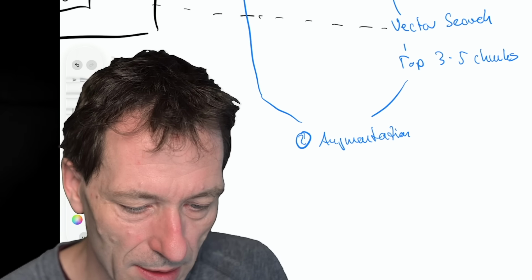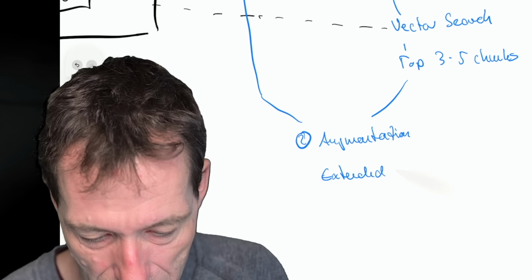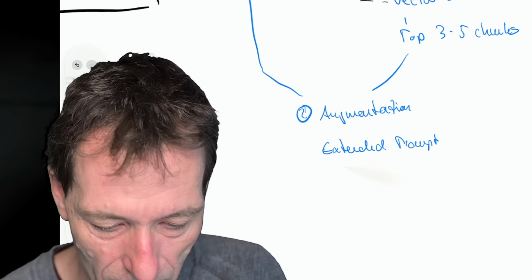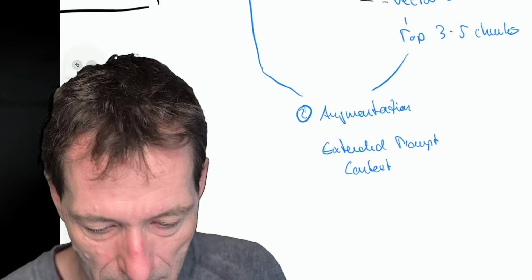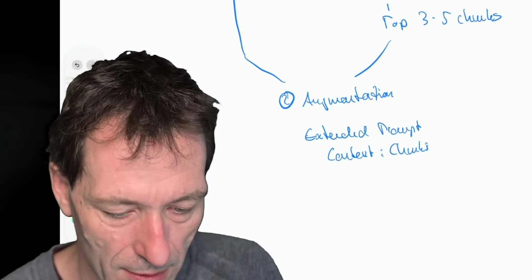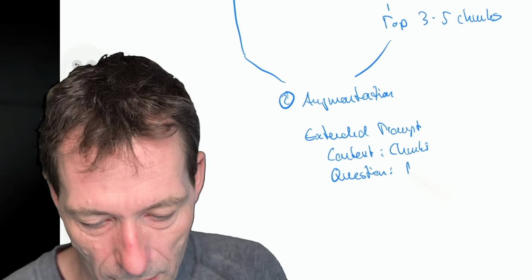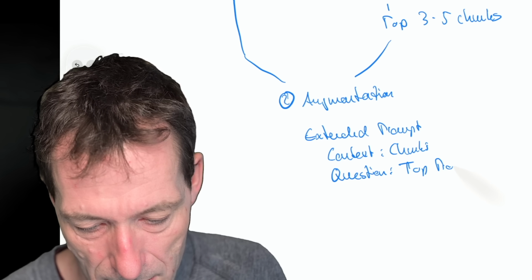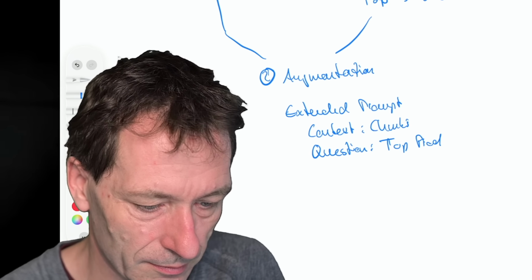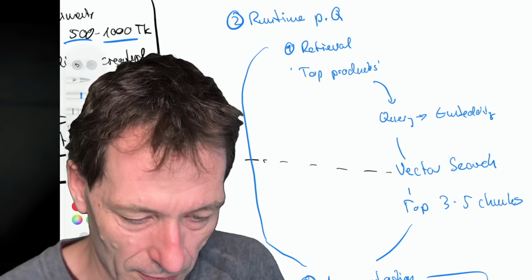Augmentation means the prompt is extended with context, chunks, and the question, top products. So this is the augmentation, phase 2, inside of the runtime.